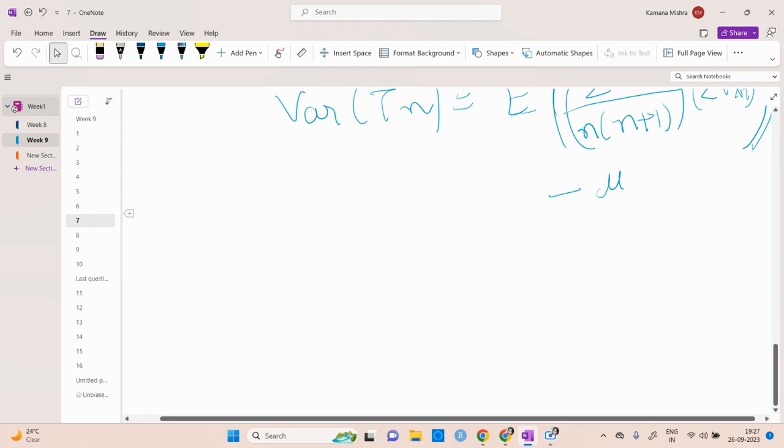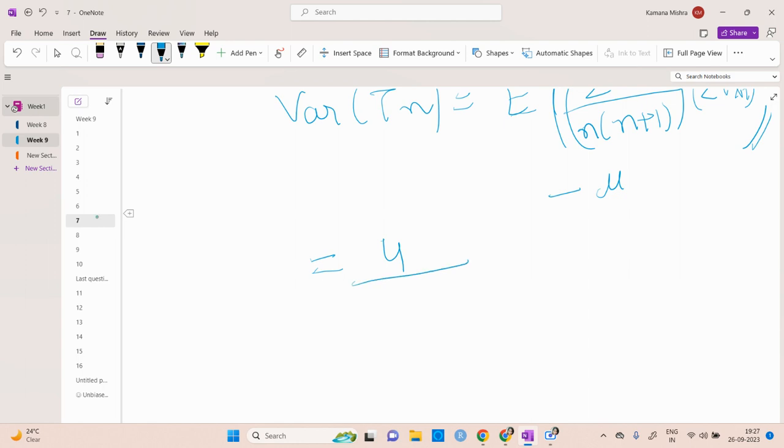So this square will come out as a square, so that one will be 4 upon n squared (n+1) squared.